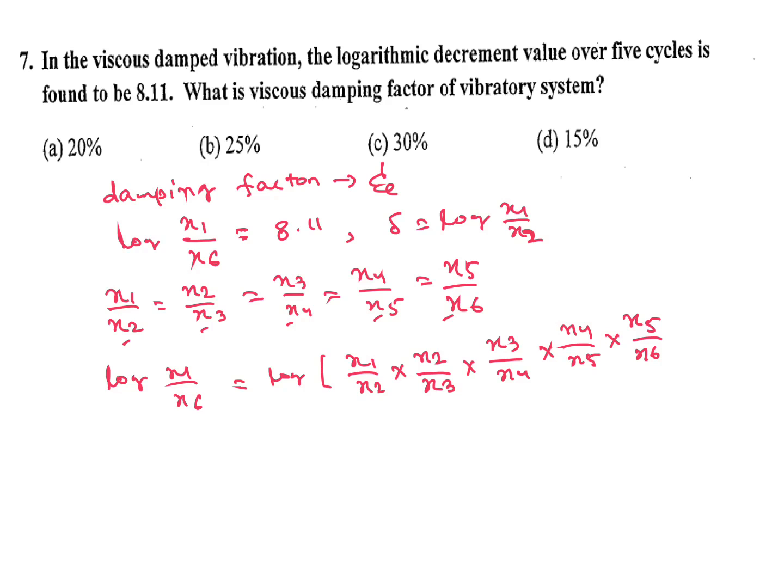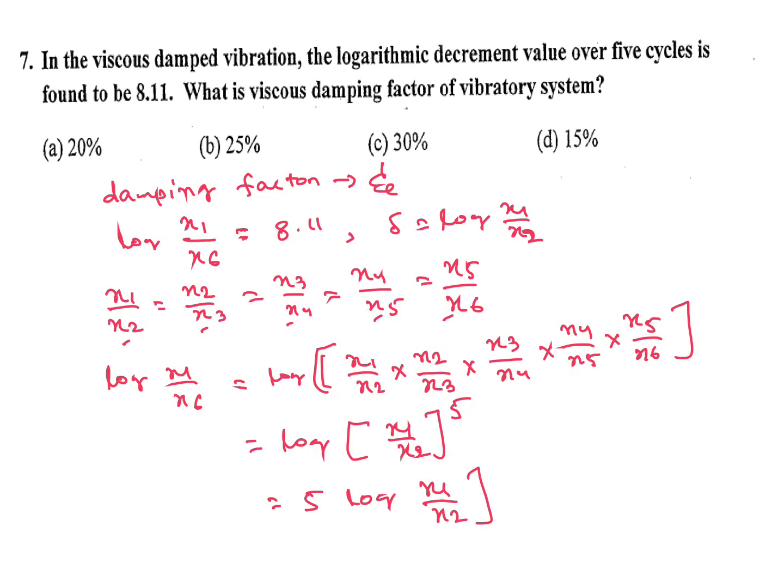Same. So we can write it as x1 by x2 to the power 5. It is 5 log x1 by x2, same value. Log x1 by x6 is already given, it's 8.11. So from here we will get log x1 by x2, or delta, equal to 8.11 by 5.